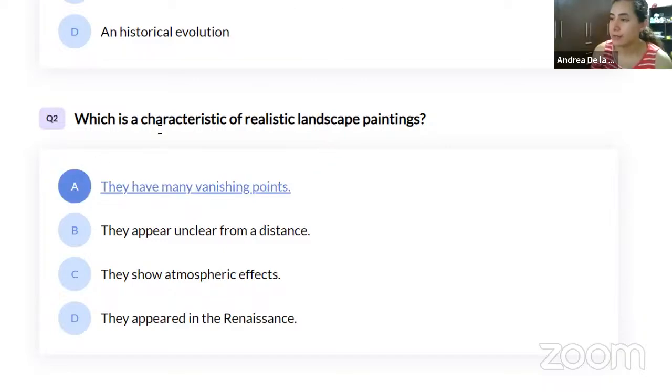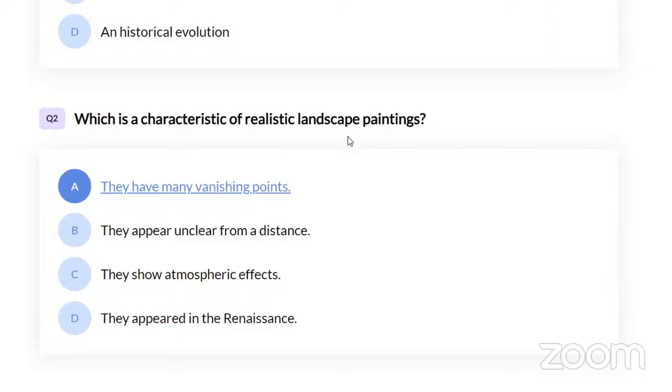Do you guys have anything related to landscape paintings or realistic landscape paintings in your notes? And where is it? Can you repeat, teacher?